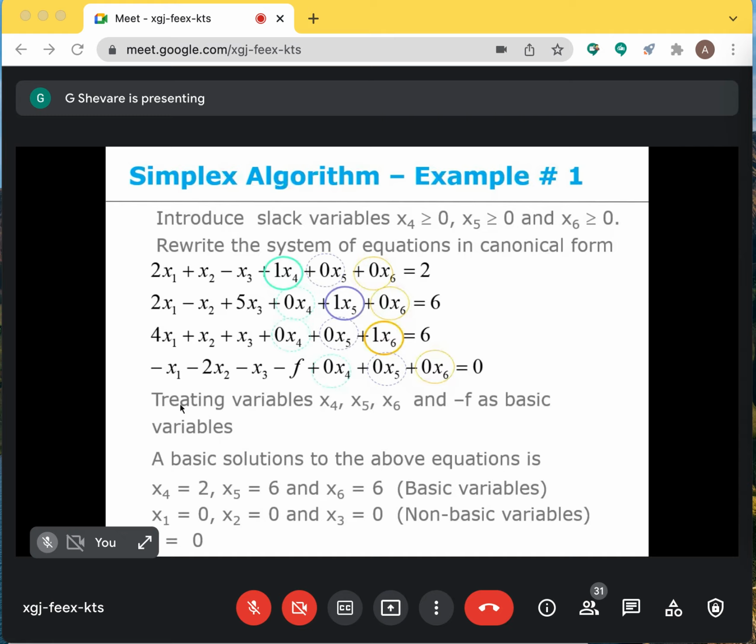And I have added one equation for the cost function, which is in terms of x1, x2, x3, and that f will not have a contribution from x4, x5, x6. So now the problem which was given to me earlier has been converted into this problem, where there are 6 variables and 4 equations.